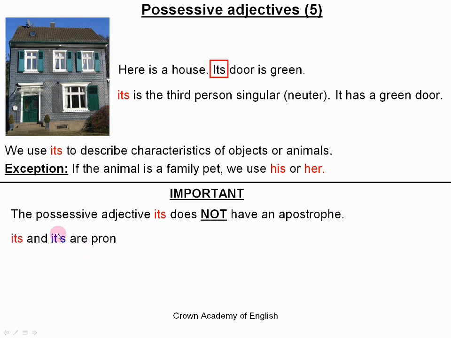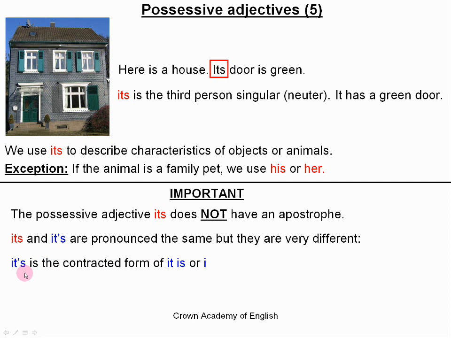Okay, so this is an apostrophe here. It's this little line at the top between the letter T and the letter S. That is the apostrophe. So its with no apostrophe and its with an apostrophe are pronounced the same, but they are very different.